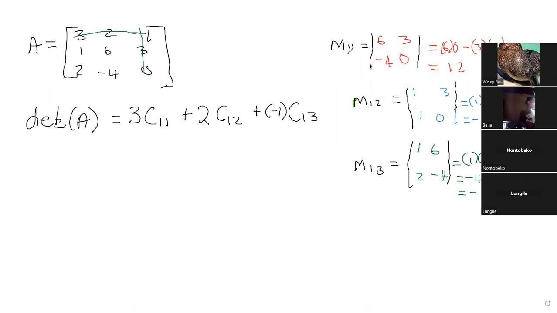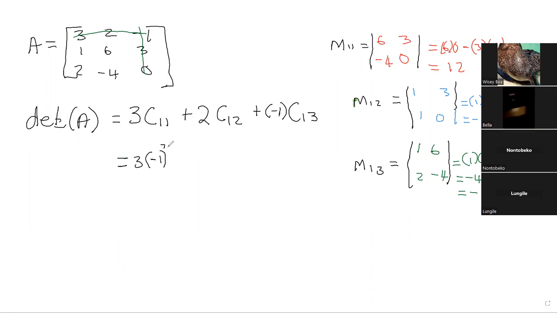And then from this we can find our cofactors from our minors. In this case, we have 3, right? And then our cofactor here will be minus 1, and then 1 plus 1, just add these two numbers.